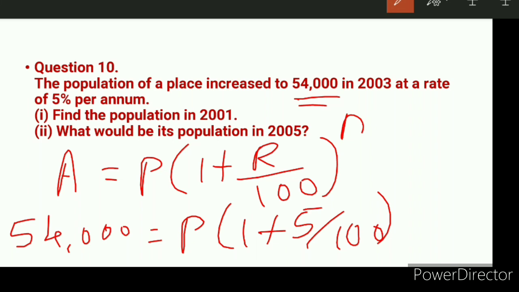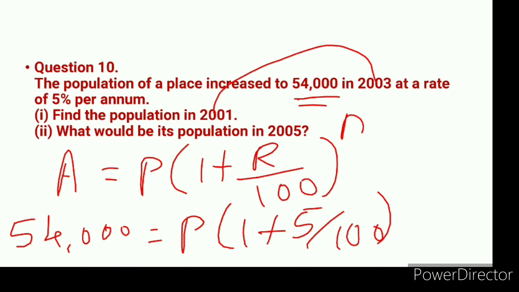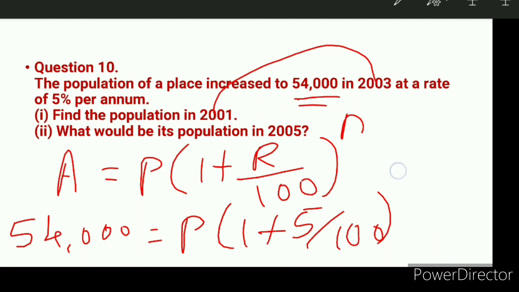N is not given here, but 2003 and 2001. What is the difference? The difference between 2003 and 2001 is 2, so we should take 2 years.